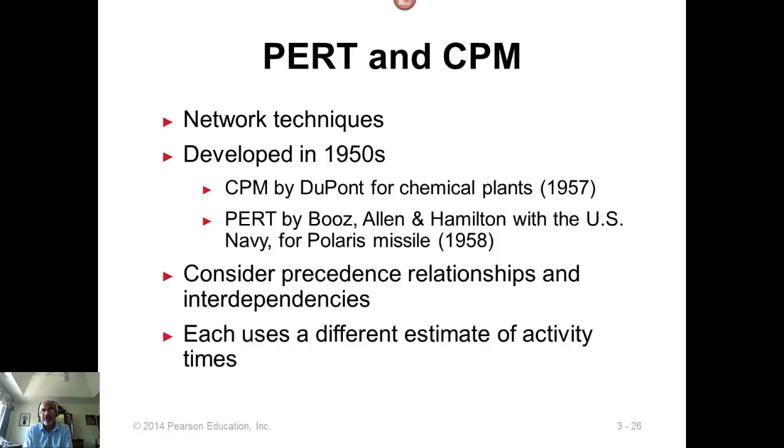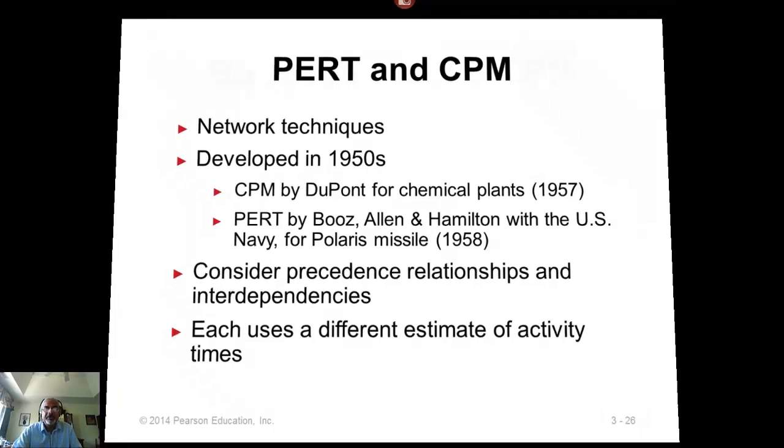CPM looks at trying to crash the project completion time by spending more money, whereas PERT looks at the same project from a different perspective, and that is what is the probability of completing the project within a certain time duration. So first we're going to look at the commonalities, and then we will do a CPM analysis, and then we will do a PERT analysis for the project.